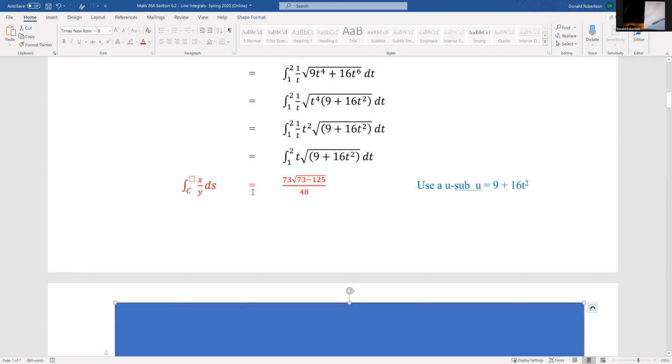Couldn't I have called it 1/48 and then in brackets did that guy? Couldn't I have brought that 73 in inside and called it 73 to the 3/2? I mean, just to mention 3 ways. The idiosyncrasy might be that you've got the correct answer, but it might not be quite the way that the textbook software expected it to be.